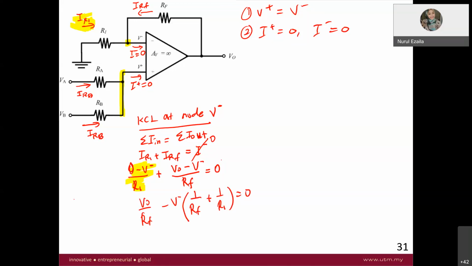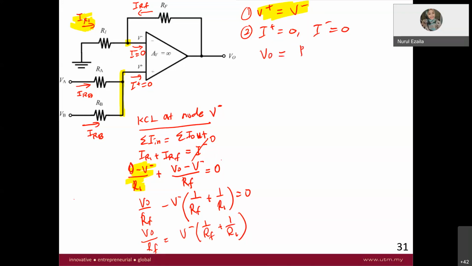Finally, your equation will be V out over RF equal to V minus, 1 over RF plus 1 over R1. Now V plus is equal to V minus.